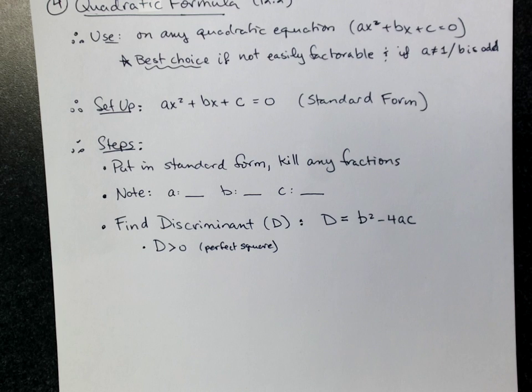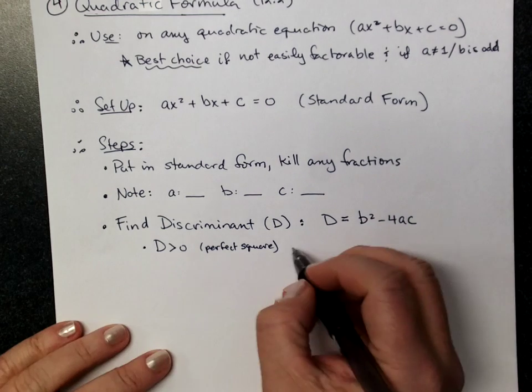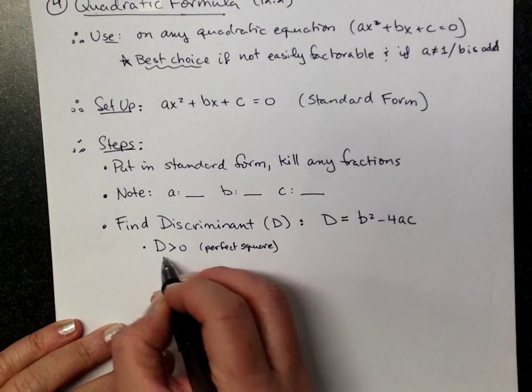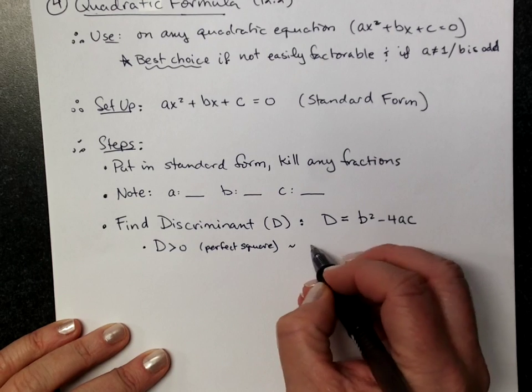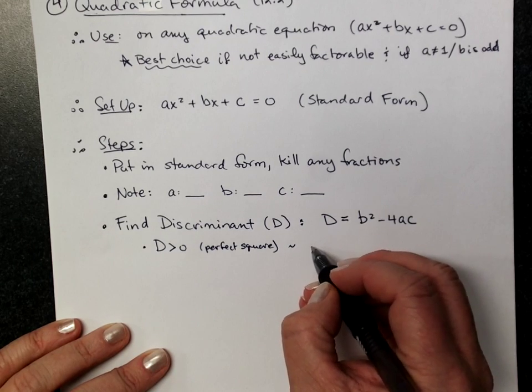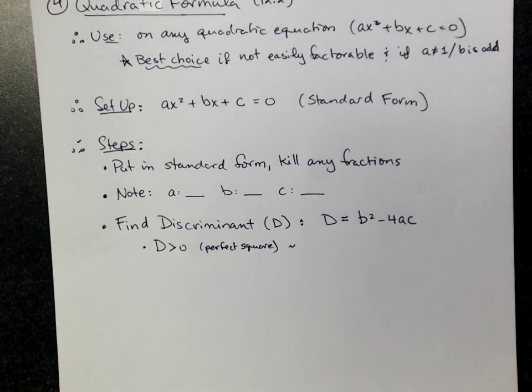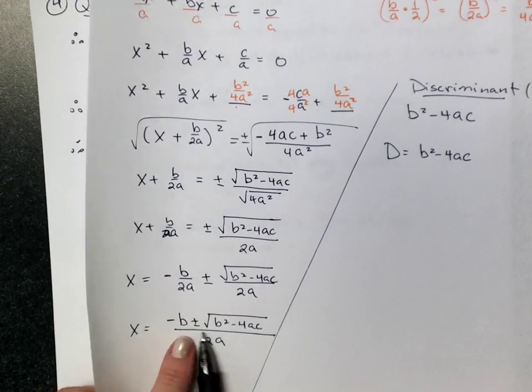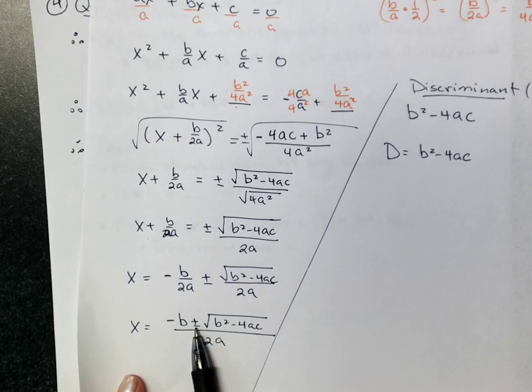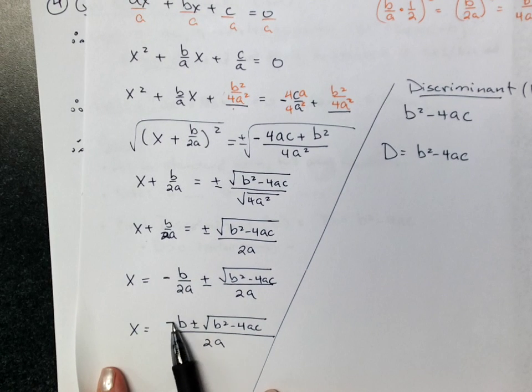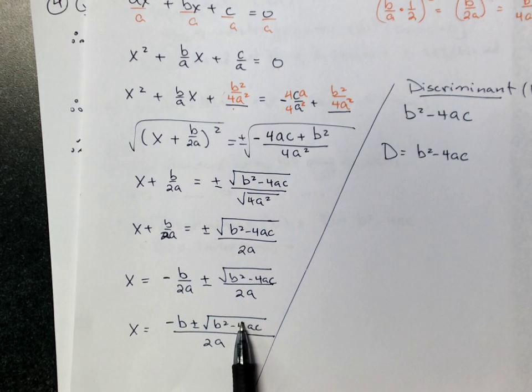In that case, because it's positive, that means you have real solutions. Even more specific, see how this is a plus minus? That means you've got some number plus or minus this radical, over a denominator. So one solution will be with minus and one solution will be with plus, 2 solutions.